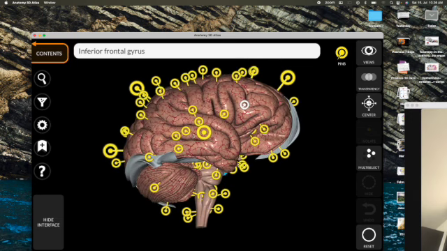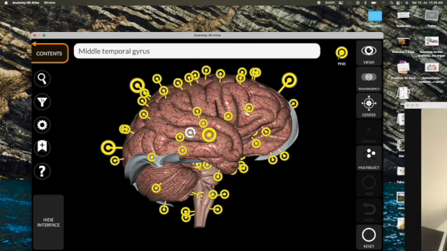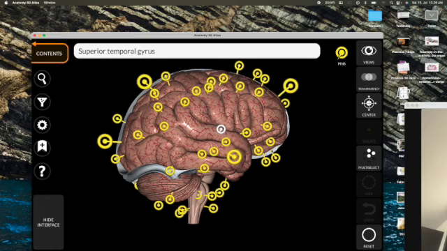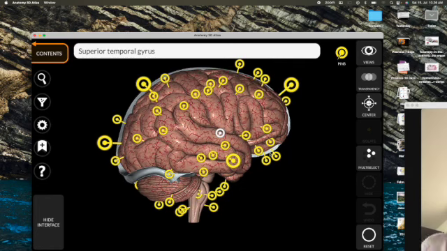One of the main things we're going to be talking about today would be the STG, or the superior temporal gyrus, is where the auditory cortex is located. That's where Wernicke's area is located. That's where we understand language and speech and so on and so forth. So just a little bit of brain science, because we will be looking at some of these things today.